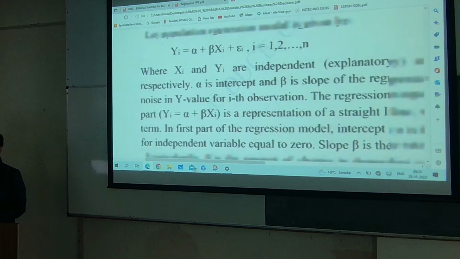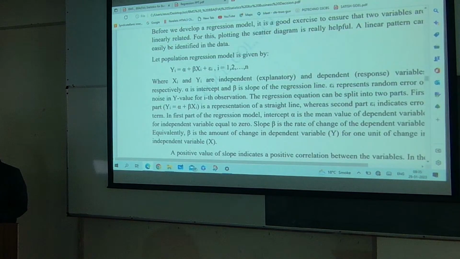Okay, further you can say x is explanatory variable, while dependent variable is basically response variable. Okay, who is responding? So y is responding corresponding to changes in x.